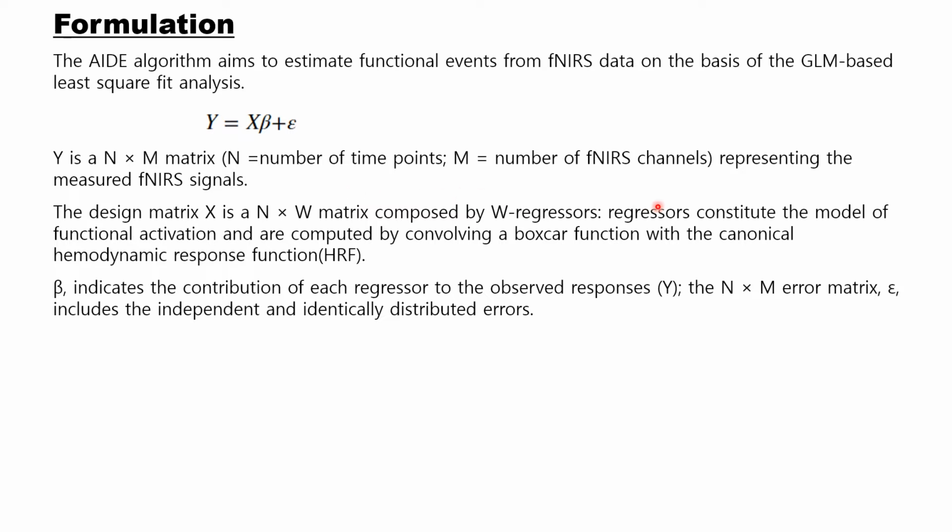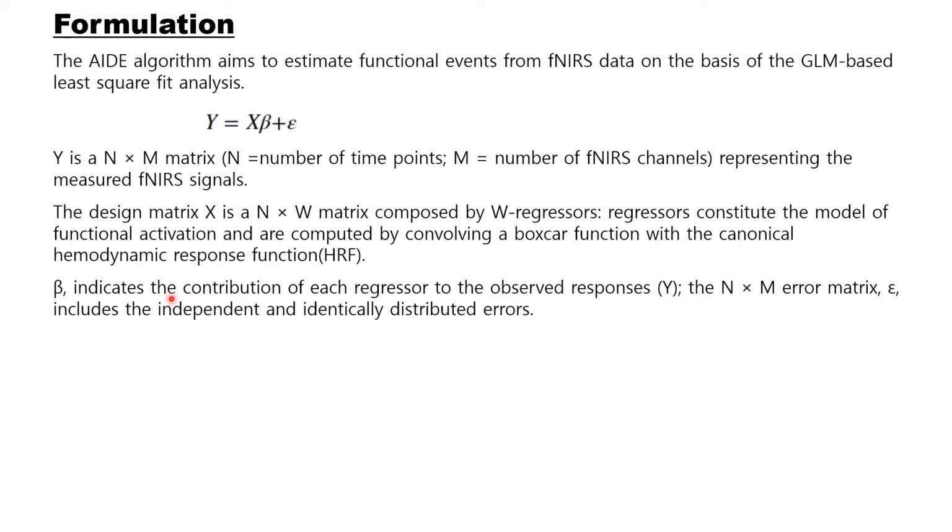So this matrix y is representing basically the measured fNIRS signals, and here the matrix X is a design matrix, and this is an n by w matrix composed by w regressors, and the regressors constitute the model of functional activation and are computed by convolving a boxcar function with the canonical hemodynamic response function.